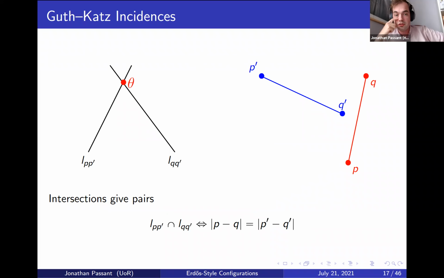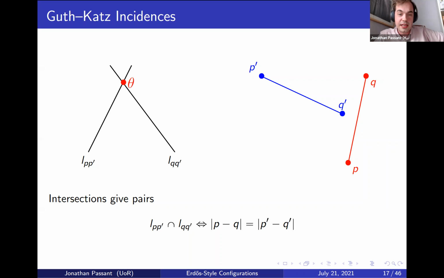An incidence between the line L_PP' and L_QQ' means that you take the line PQ to the line P'Q'. So this is taking a pair of distances and translating that pair of distances into an incidence of 2 lines in 3 dimensions.